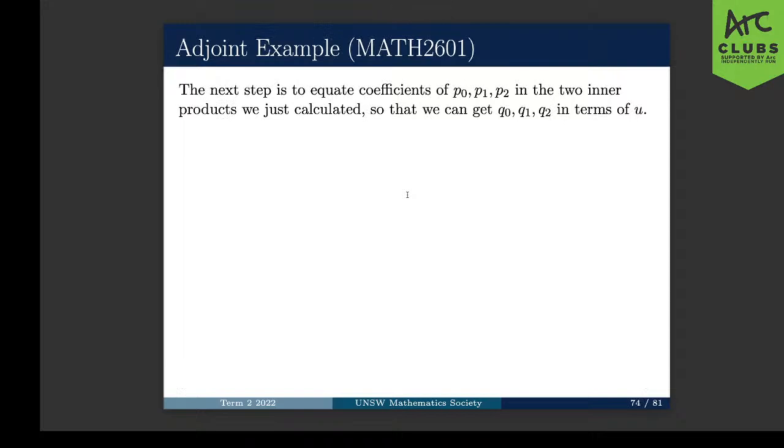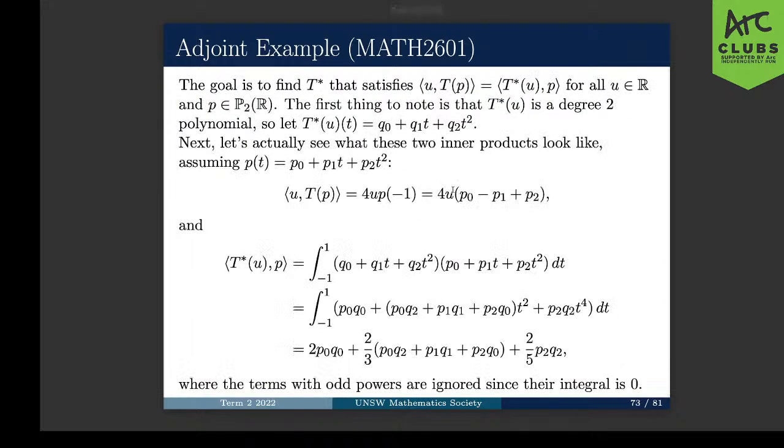To get that, we have to equate coefficients of p0, p1, p2 in the two inner products we just calculated. Firstly, we can't equate coefficients of q, because q0, q1, q2 don't appear in both of these formulas. The other reason is that we can't change p0, p1, p2.